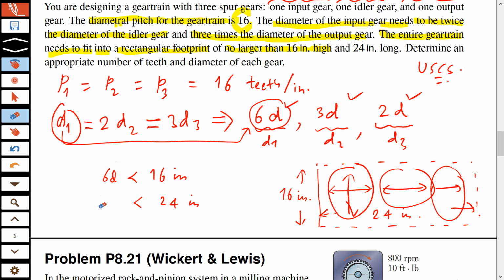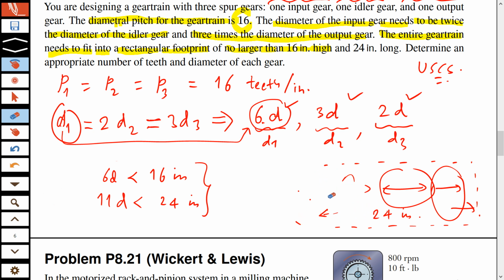Now you will see the advantage of that. 6D plus 3D plus 2D, so it is 11D. If you had not chosen this intermediate variable, you would have written D1 plus D2 plus D3, and it would have taken longer. Okay. So you must actually satisfy both these constraints.